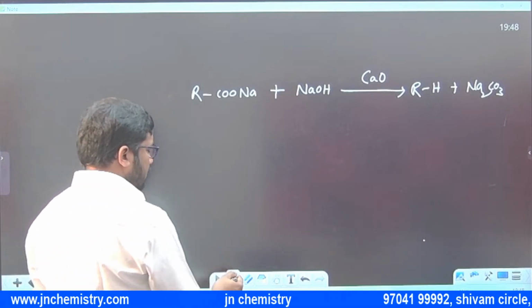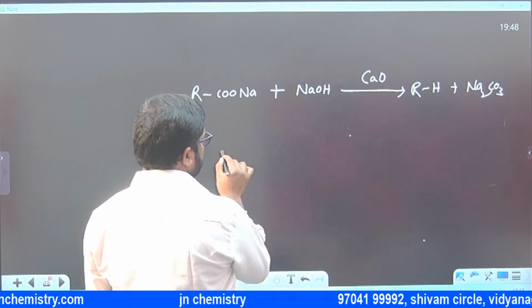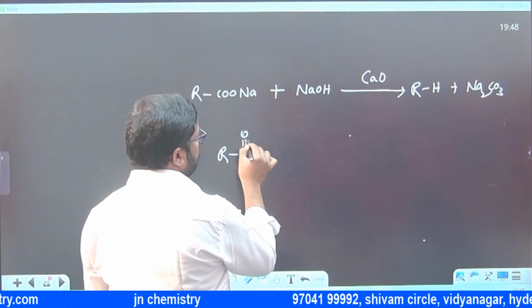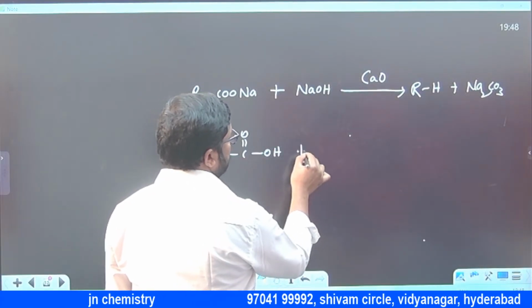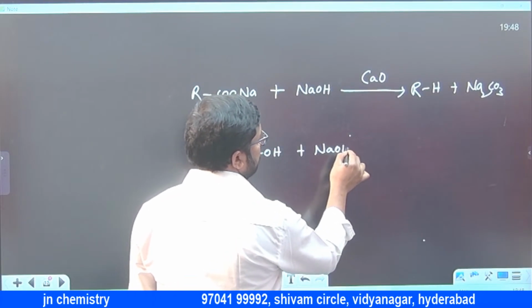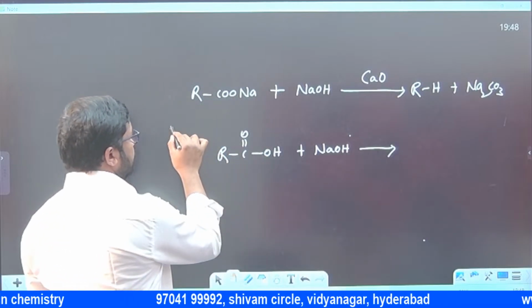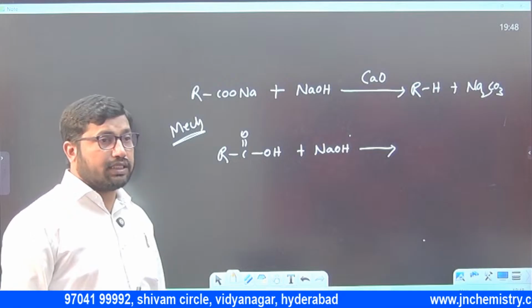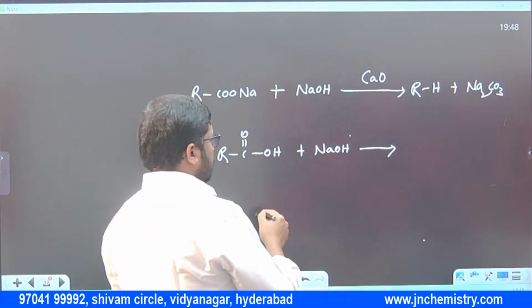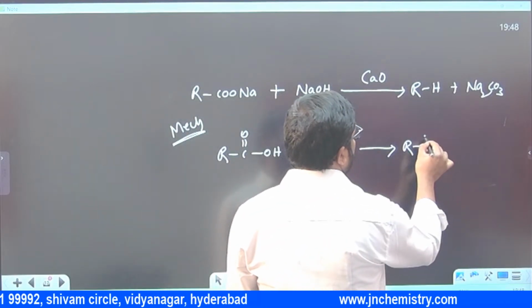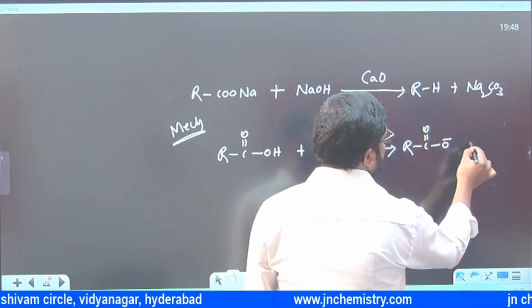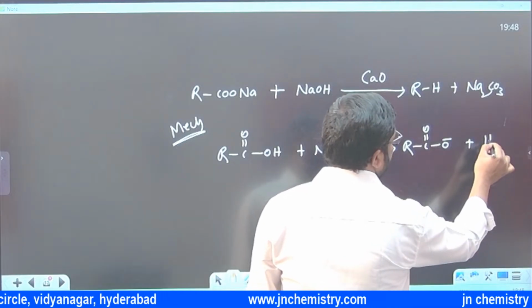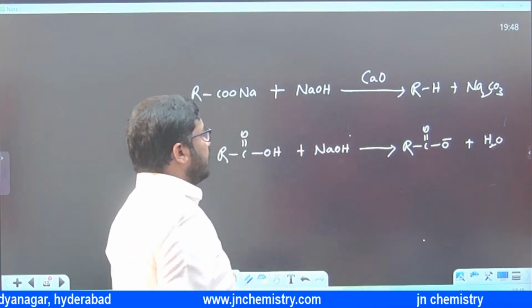For example, we are taking the carboxylic acid RC double bond O OH plus NaOH. So mechanism, because they are asking some questions based on mechanism in decarboxylation. We get RC double bond O minus plus water going out, plus Na plus.